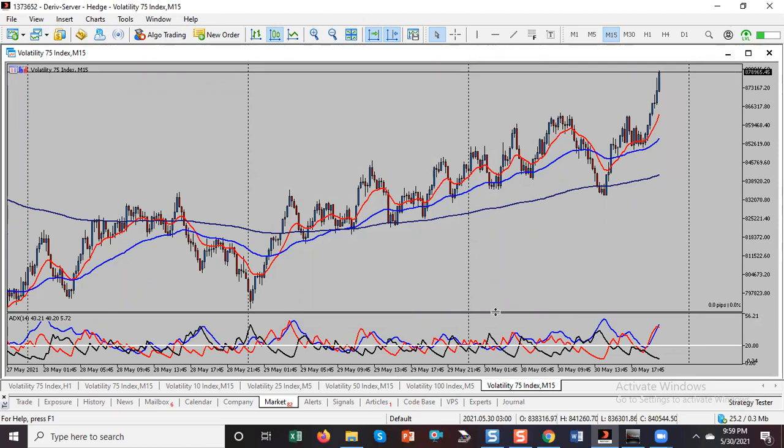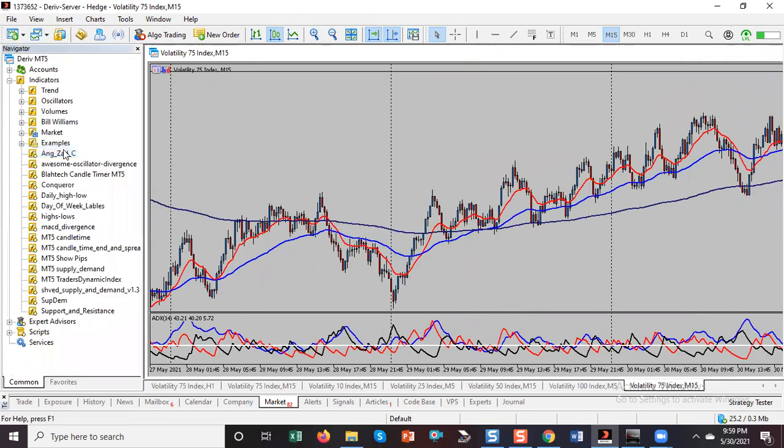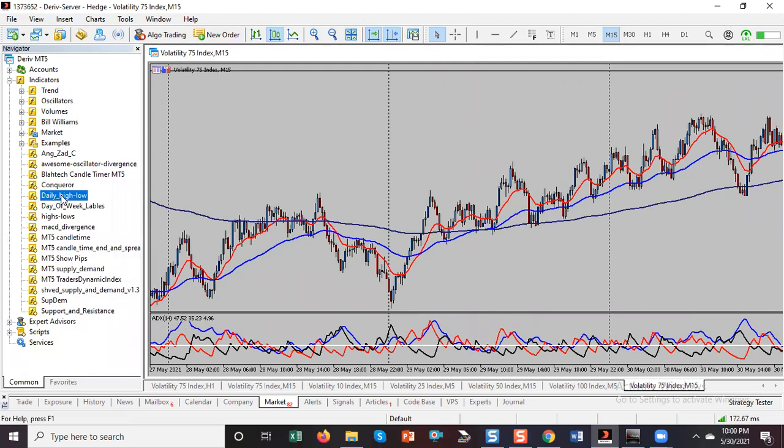I would also like to add the daily high and low, or yesterday's high and low indicator. That is what I use to determine my first take profit on this strategy. Daily high, MT5. Where's my daily high and low? Yep.